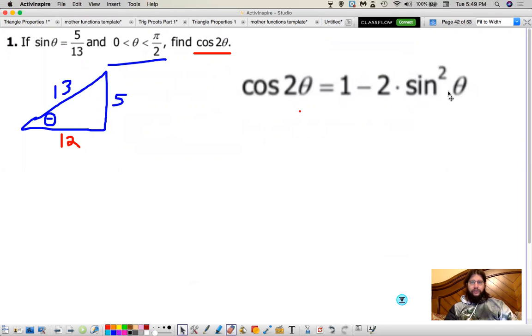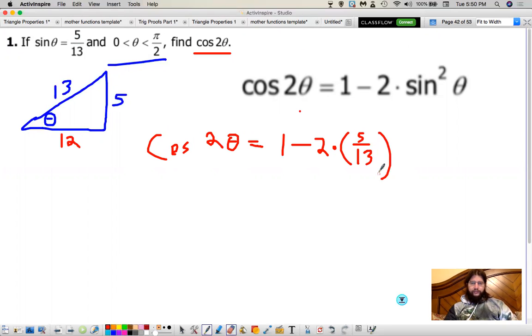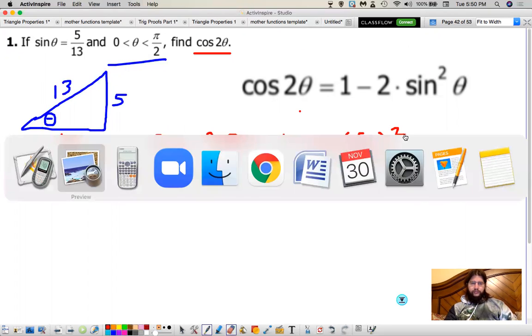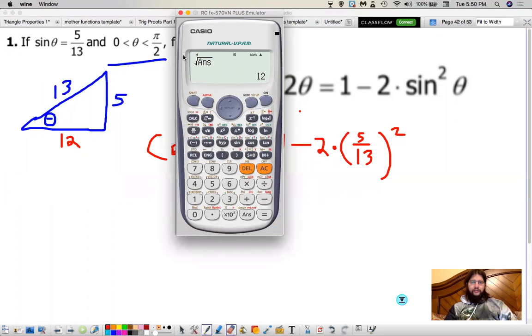So cosine of 2 theta is 1 minus 2 times sine squared theta. Easy. Plug it in. Cosine of 2 theta is going to equal 1 minus 2 times sine of theta, which is 5/13, and we got to square that. All you got to do is type that in the calculator and call it a day.